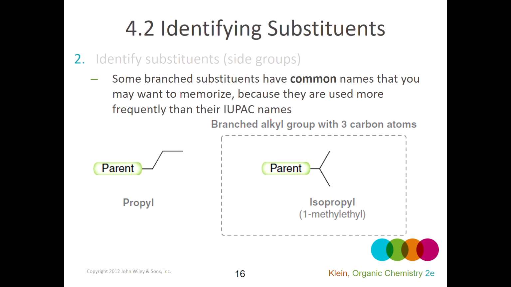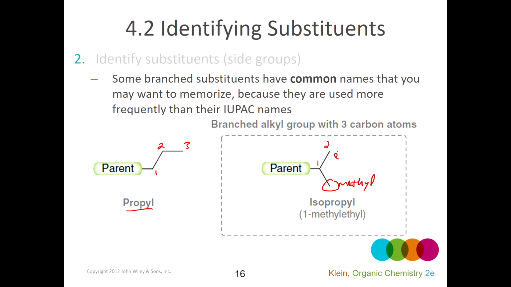All right. There are a few common names that you probably want to become familiar with. So if I have a long chain of carbons, and this is my group hanging off, it's got 1, 2, 3 carbons in it, so it's a propyl group. If there's a site of branching there, really I only have 2 carbons in a row, and then I've got a methyl there.